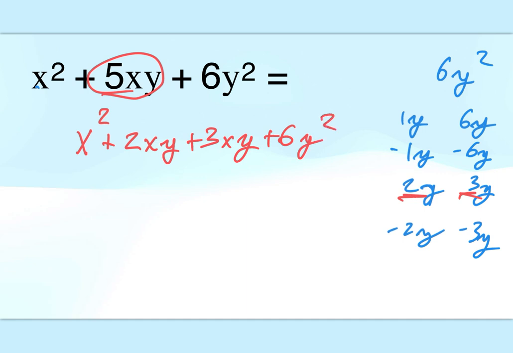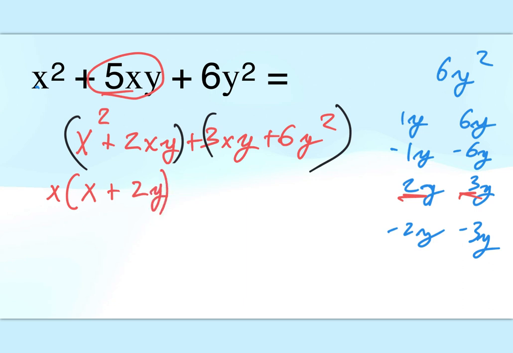I now have two groups. Got this one, got this one. What will I factor out of that first set of parentheses? They both have an x. So I'm going to factor an x out of it. Left with x plus 2y. All right. Then I look at this second set.